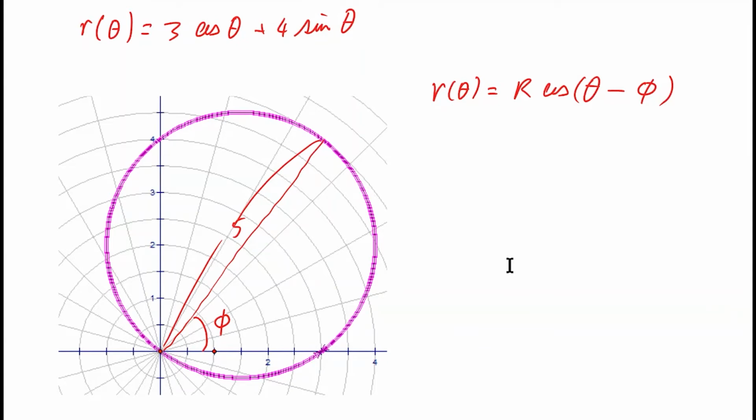Okay, should we learn how to figure out this R and phi? This R is 5, as you can see, and this is approximately 53 degrees. Graphically, let's get the idea.